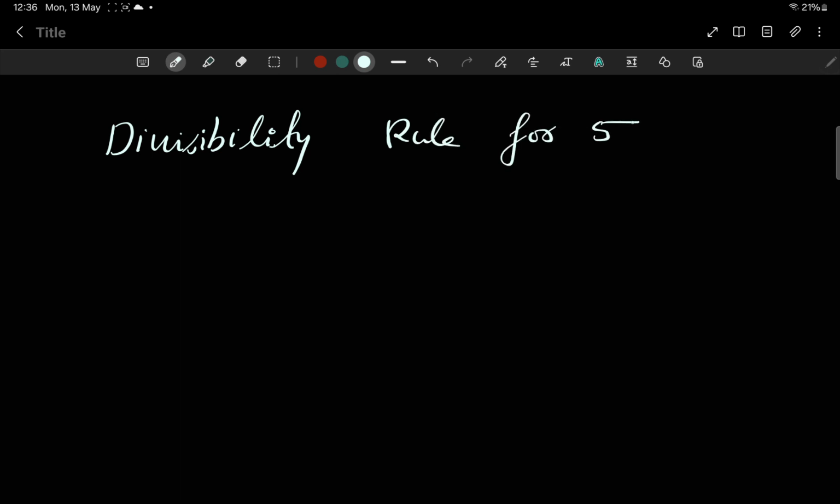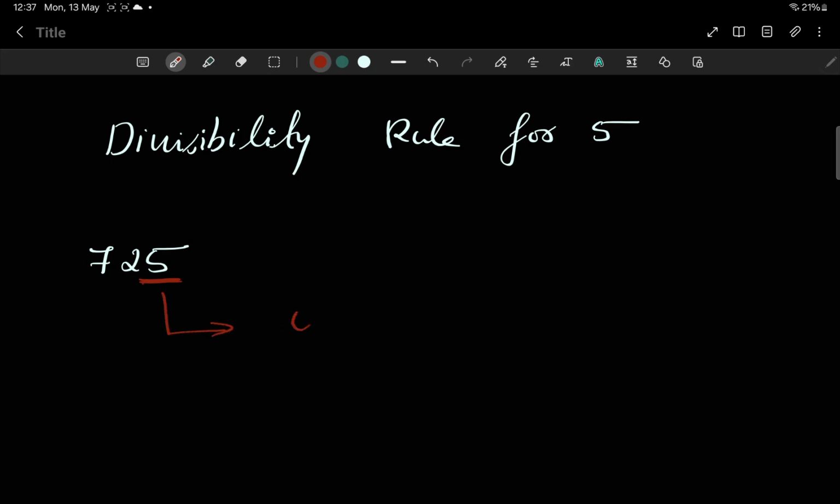So this is the divisibility rule of 4. Let me go to the divisibility rule for 5. This is one example, 725. So for checking that a number is divisible by 5, you need to check the last digit of the number.